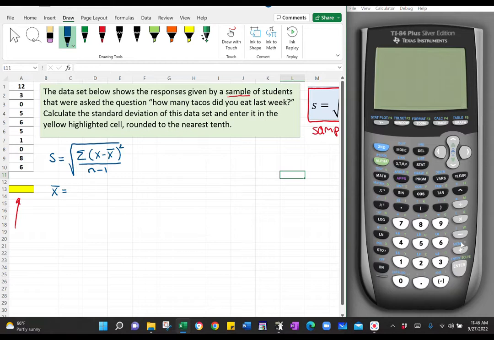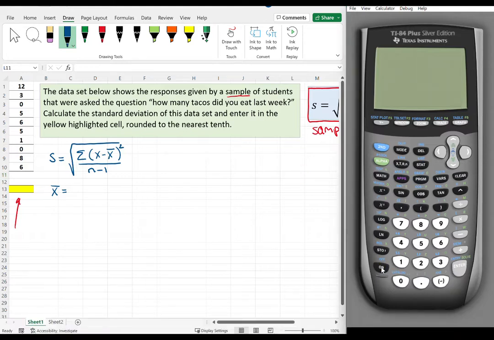So let's go over here to the calculator, turn it on. So we've got a 12 plus a 3 plus a 0 plus, you can leave the zeros out, that's fine either way, plus 5 plus 6 plus 5 plus 1 plus 0 plus 8 plus 6. So that's 46.